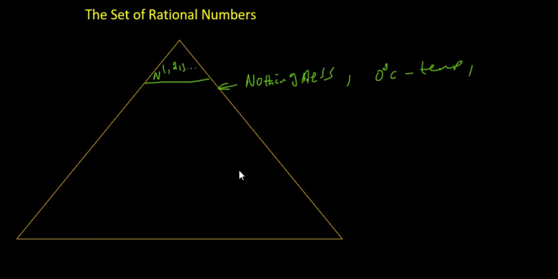Usually 0 is 0 degrees at sea level, right? We don't have such a thing in natural numbers.